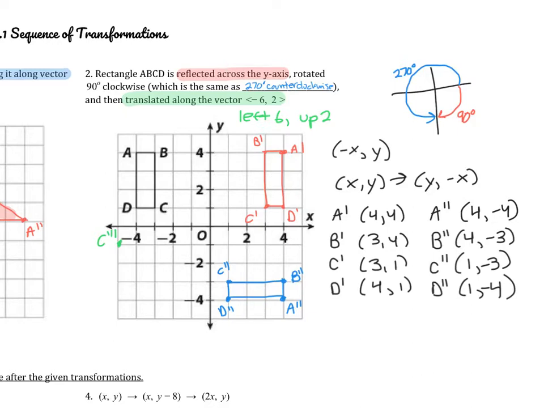Then D left 6 up 2, and I'm here, so that's D triple prime. Same for A and B, left 6 up 2. This final image is our answer, so I'm going to shade it in to show that it's our final answer.